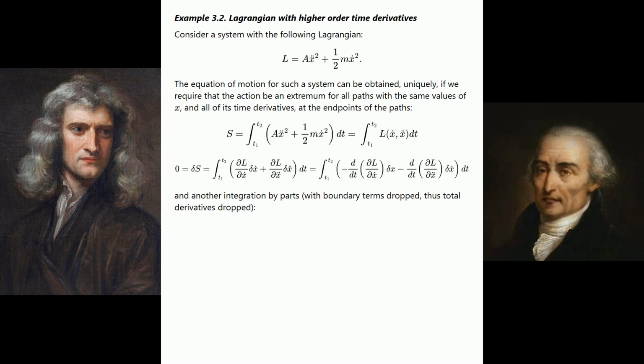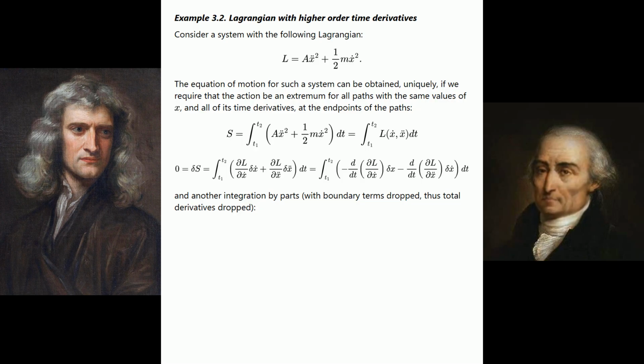Lagrangian with higher order time derivatives. Consider a system with the following Lagrangian. See the next equation. The equation of motion for such a system can be obtained uniquely if we require that the action be an extremum for all paths with the same values of x, and all of its time derivatives, at the endpoints of the paths. See the equation shown.